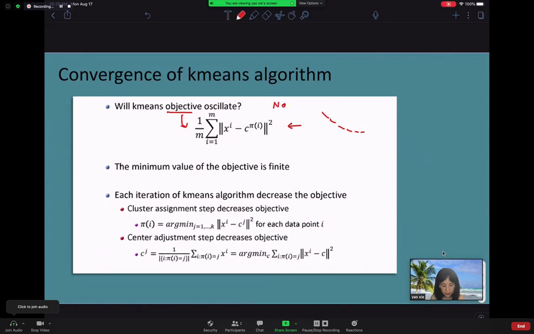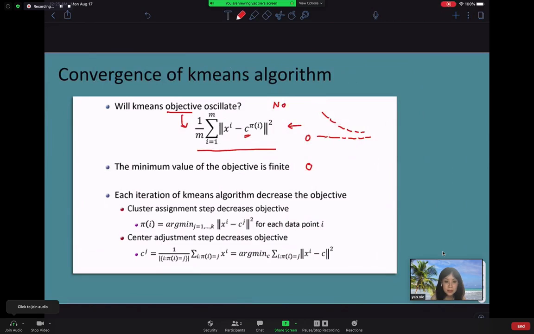Okay, and the second question is the minimum value of the objective function. Look at this. If you choose any c and any pi, what is the smallest possible value that your objective function could be? It's going to be 0, right? Because this function is a sum of squared numbers. The squared numbers cannot be negative. So if you sum them together, the smallest you can possibly have is 0. So basically, we're forming a sequence of objective function values, and they're monotonically approaching 0.